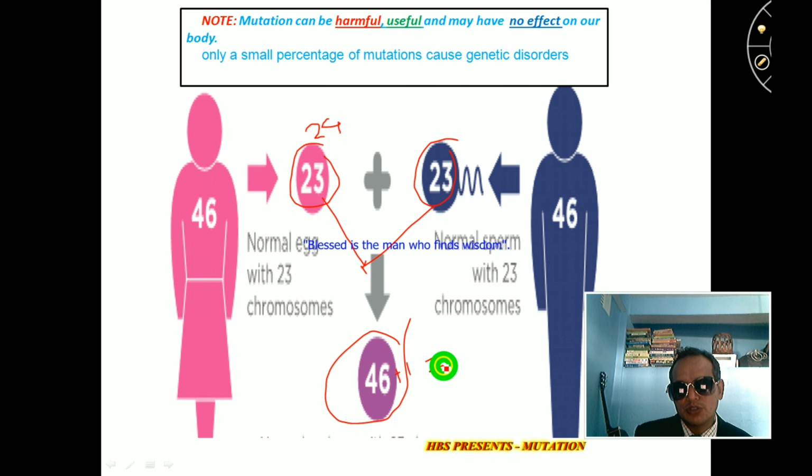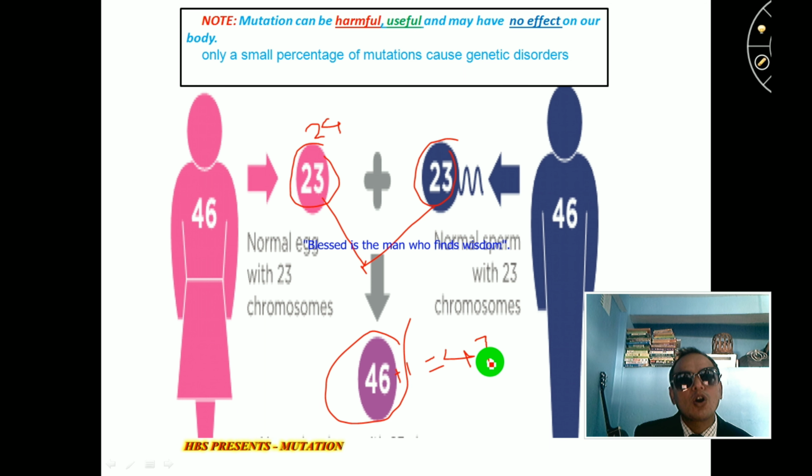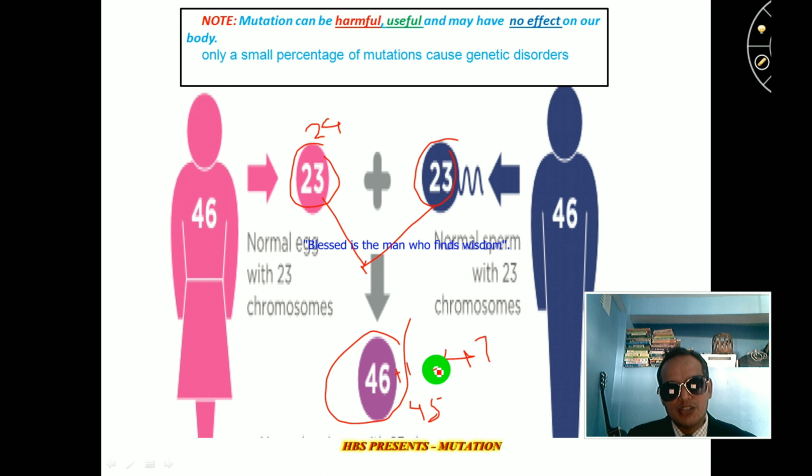So this extra chromosome, 47, causes the mutation. Or sometimes the number of chromosomes may be less than 23 in the gametes. That will make the offspring have only 45 chromosomes, which also causes mutation. So either an addition or subtraction of chromosomes from a diploid cell leads to chromosomal mutation.